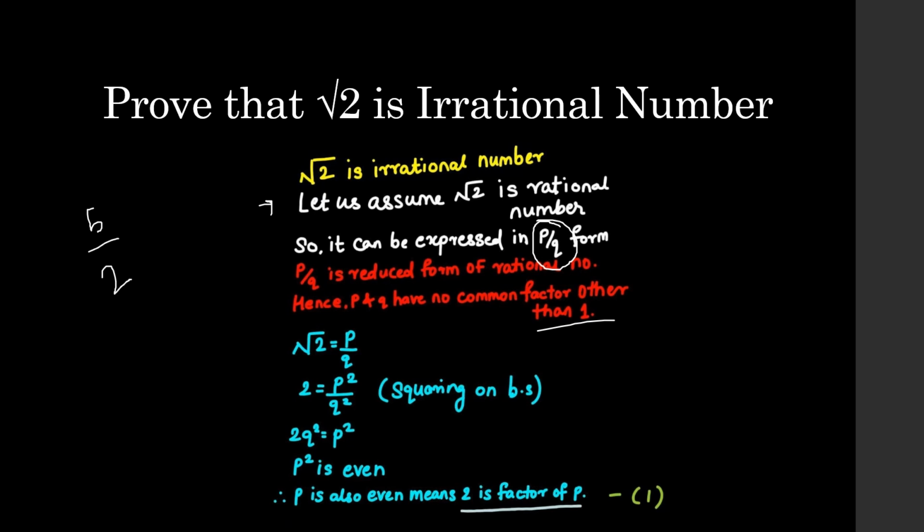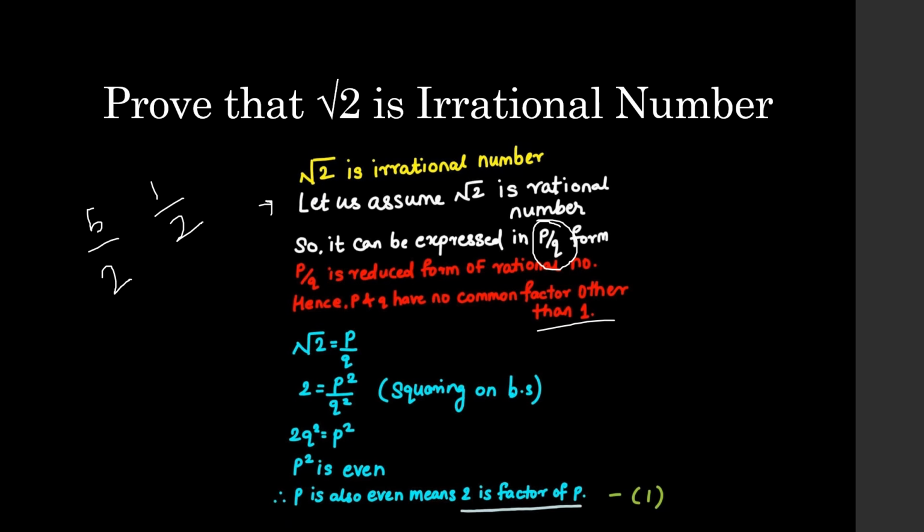No, this is a reduced form of a fraction. They have only one common factor, that is 1. Similarly, 1 by 2, they have only one common factor, that is 1. So any number expressed as a fraction in reduced form has only one common factor, that is 1, and there is no other common factor in them.